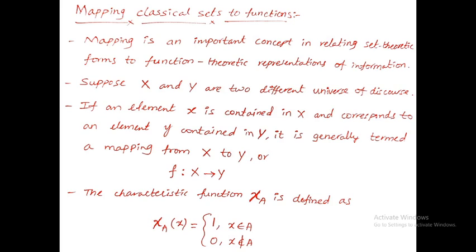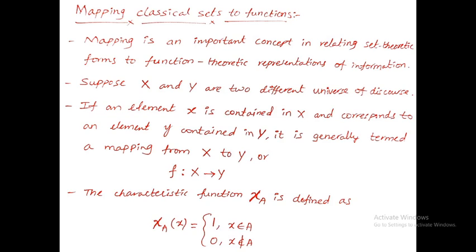Inside these two units of discourse, if an element small x is contained in X, and corresponding to this element, small y is contained in Y, then it is generally termed a mapping from capital X to Y. That is nothing but small x is the element in the capital X unit of discourse.